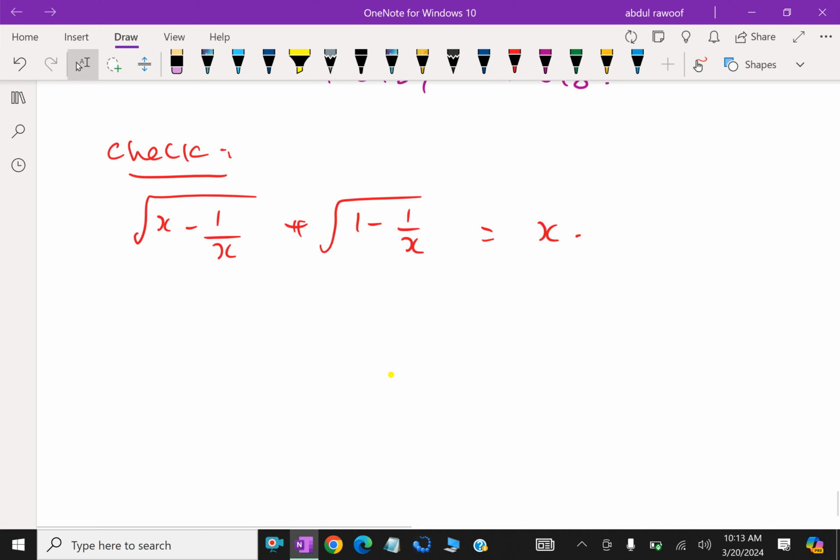Now first we'll check the first value. X we put 1.618.